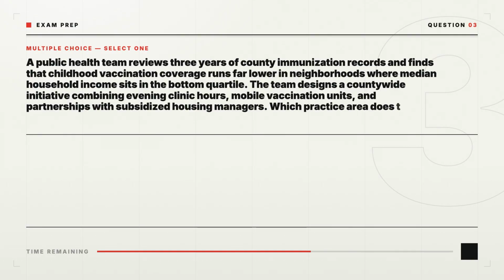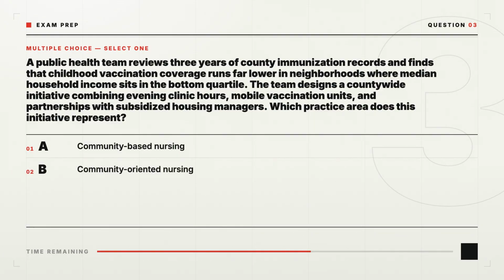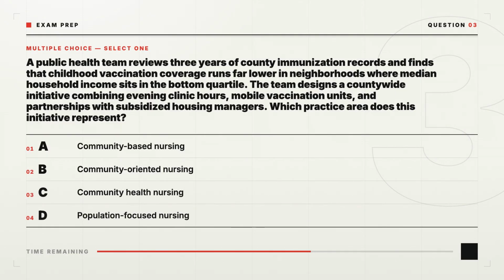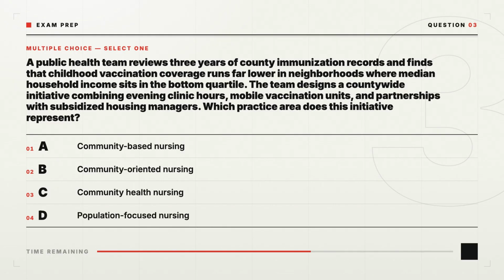Which practice area does this initiative represent? Your options are A. Community-based nursing, B. Community-oriented nursing, C. Community health nursing, D. Population-focused nursing. Before I reveal it, which one do you think is right?